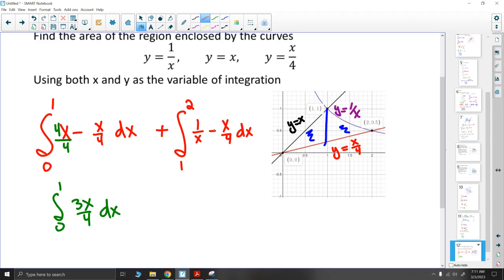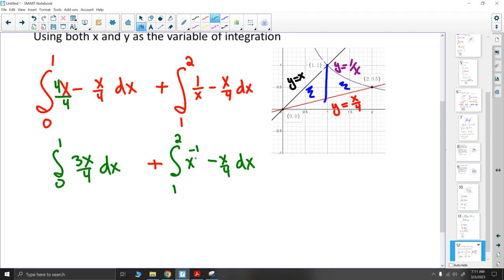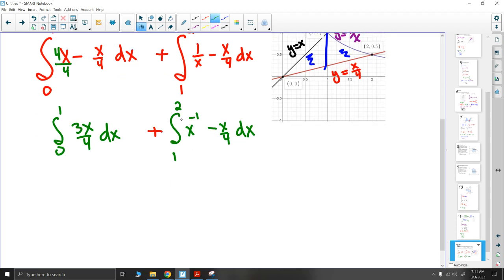Okay, so let's clean this up a little bit. Well, it's not going to be cleaned up, so whatever. Plus the integral from 1 to 2 of, well, I'll rewrite this. This is x to the negative 1 minus x over 4 dx. But this is a 1 over x or an x to the negative 1. I didn't really have to do this because we're not going to use the power rule. We're going to use our log.